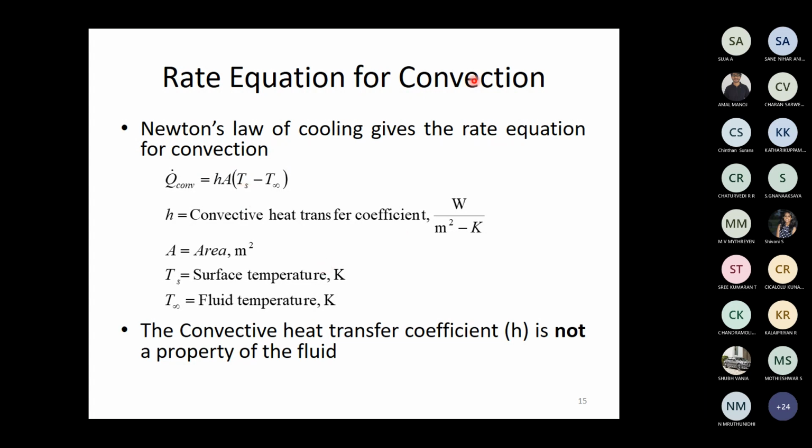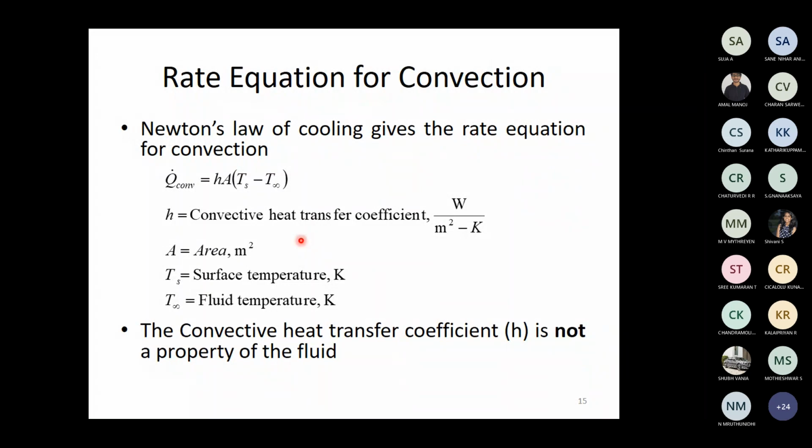So the entire study of convective heat transfer is mostly dedicated to determining this value of H. Because H is not a property, it is not tabulated in data books. We will have to evaluate it for different situations. That is the difficulty involved with the heat transfer coefficient H. Because of that, when we deal with convection, you will see that there are several correlations.